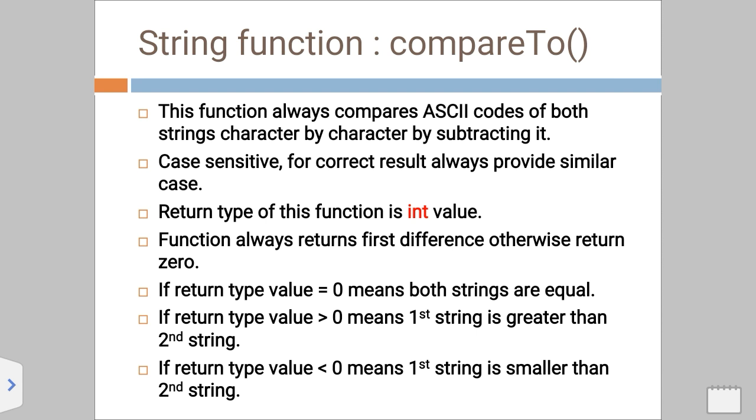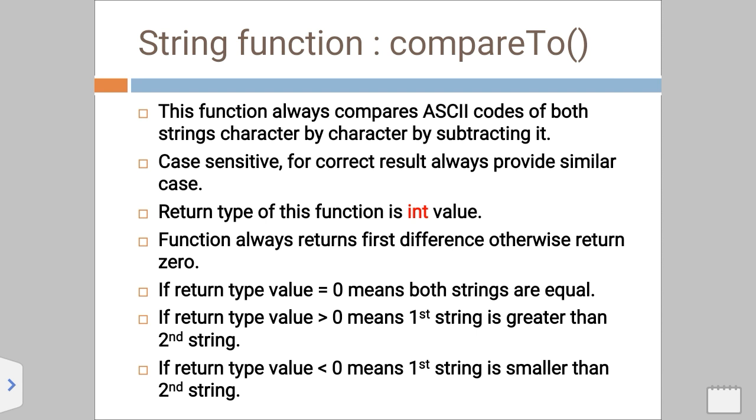If you want a correct answer from compare to function, then you have to use the same cases. Otherwise, you have to face the same problem, the answer is not correct. And what is the return type of compare to? It's an integer value. Why? Because this function subtracts the ASCII codes of characters present in different strings.